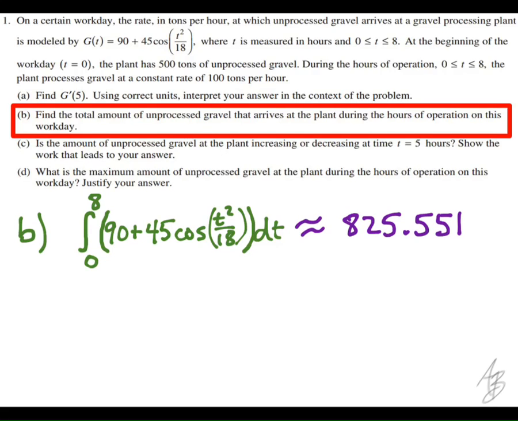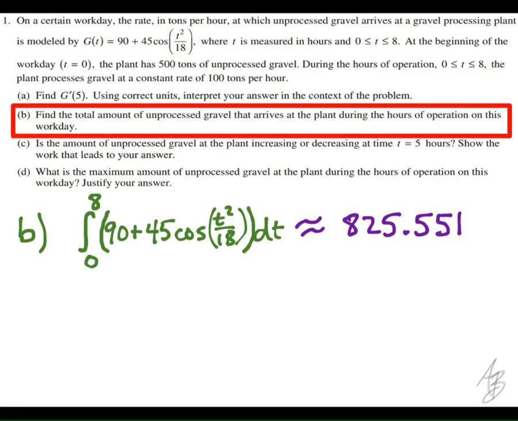When you type this into your calculator, you get 825.551 rounded to the nearest thousandth. First of all, be sure you round to 3 decimal places. That's 3 places after the decimal, not just 3 total. And then the other thing you want to do is make sure that you include units to answer the question that was asked before.